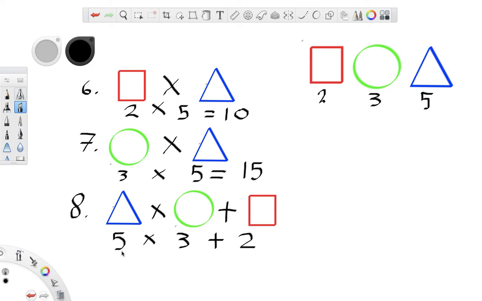So you may know from the BIDMAS acronym that we have to do the multiplication first. So 5 times 3 is 15. And we didn't do anything with the plus 2, so that drops down onto our next line of working. And then we finally have 15 plus 2. And 15 plus 2 is equal to 17.